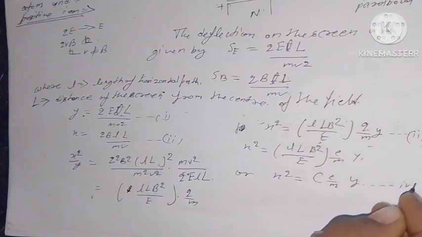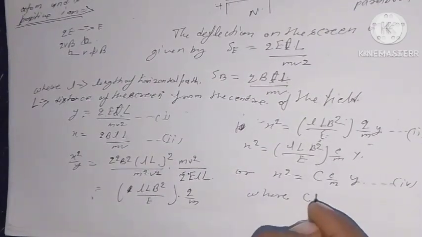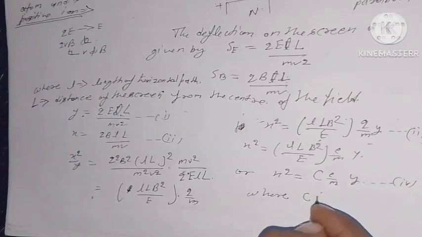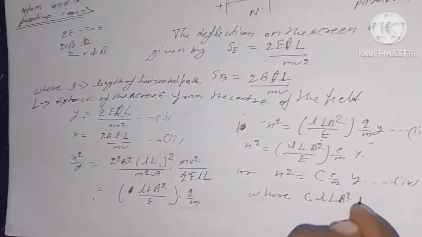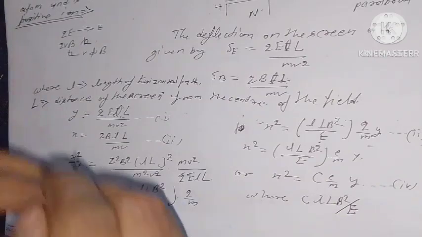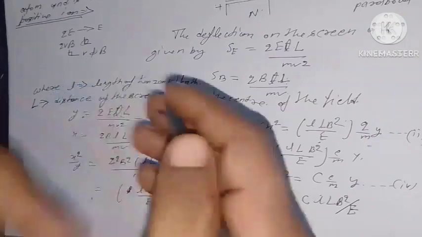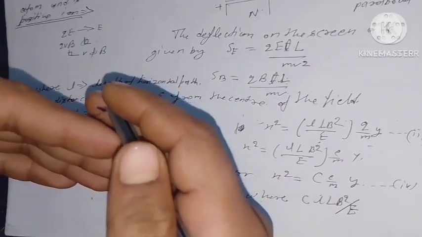That is equation number four, where C = lL B²/E. Equation number four again represents a parabola. The path traced by a positive charge has a parabolic nature.